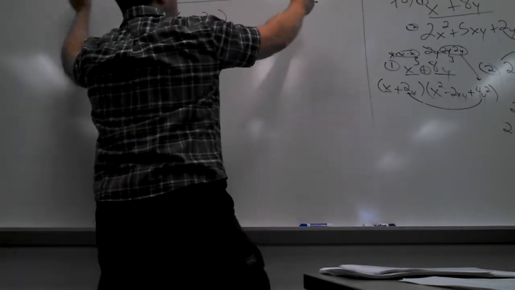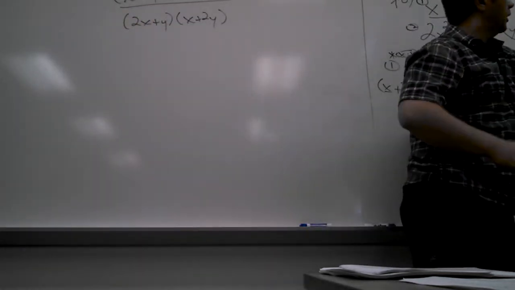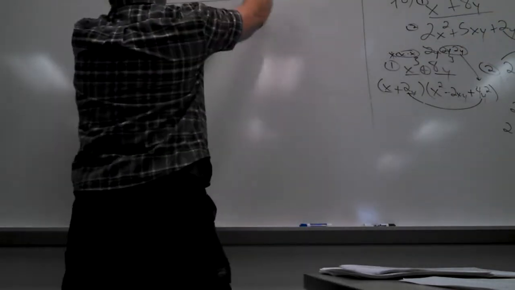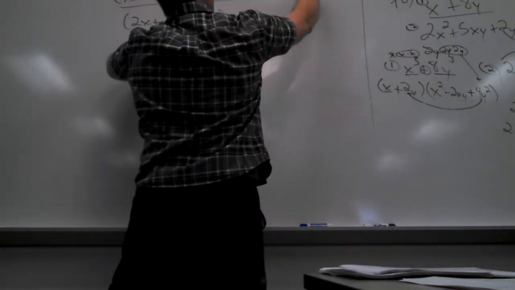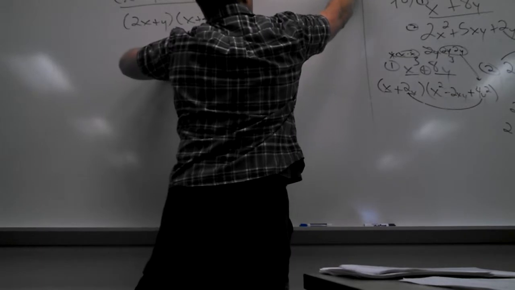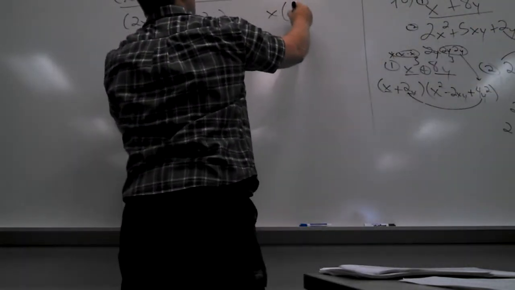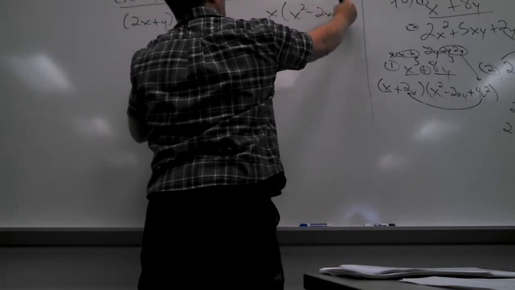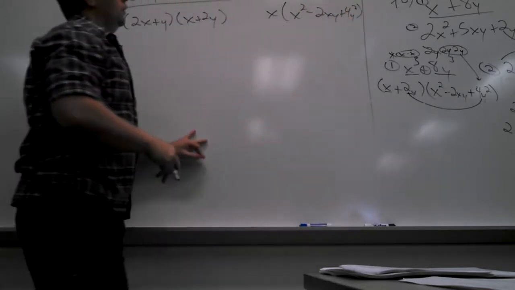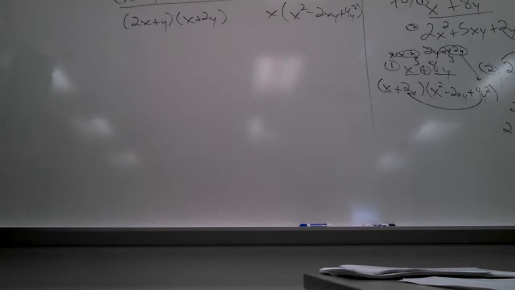Times. Now I'm going to put the fourth dude on top, right? I'm going to flip that guy. And then the third dude's going to go on the bottom. Next, times the big dude. Coolness. Right?